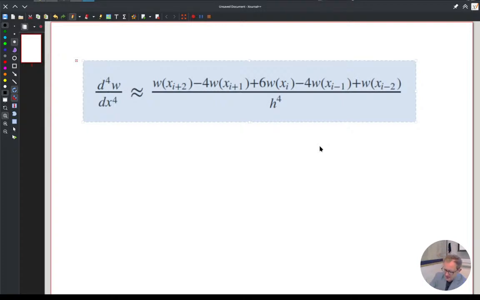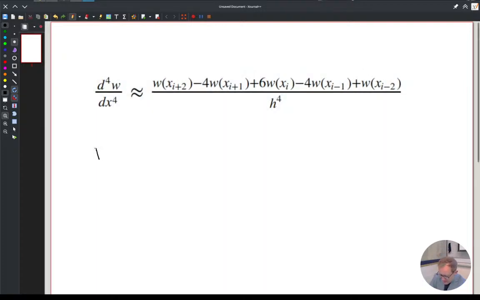So for static beam, we have EI W(4) equals 0. So all the accelerations of W are 0. So that's static beam deflection like that.